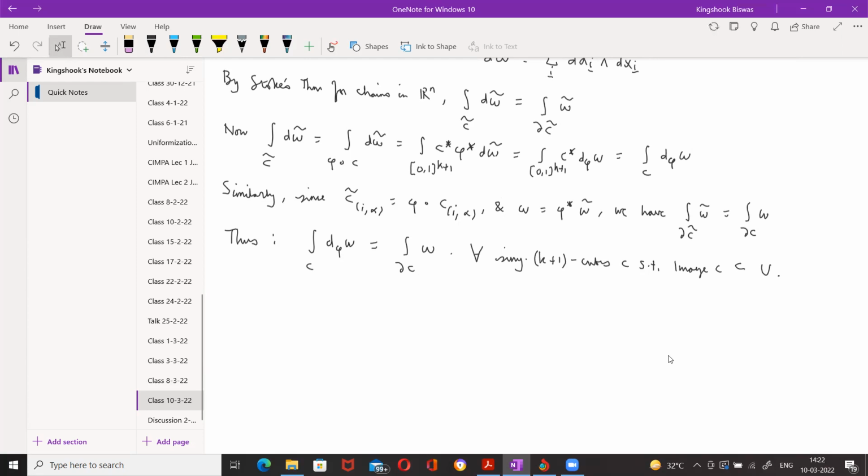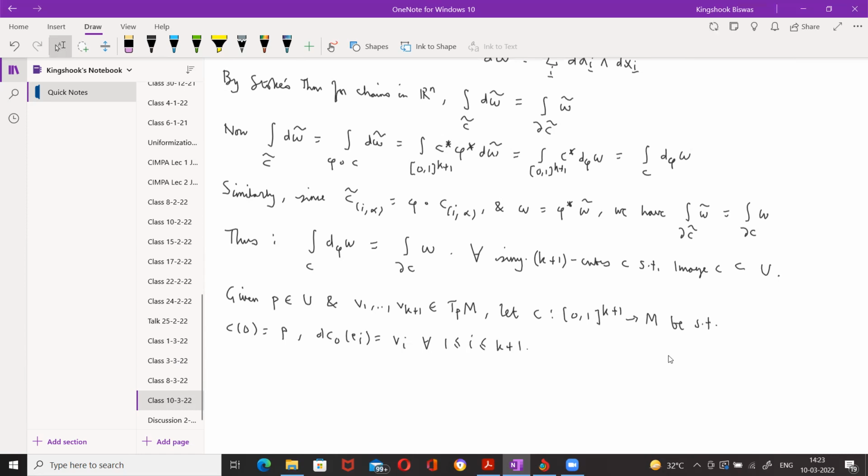How? Because now given P in U and k plus 1 tangent vectors v_1 to v_(k+1) in T_P M, you let C from [0,1]^(k+1) to M be a singular k cube such that C(0) is P and DC_0 of e_i is v_i for all i between 1 to k plus 1.